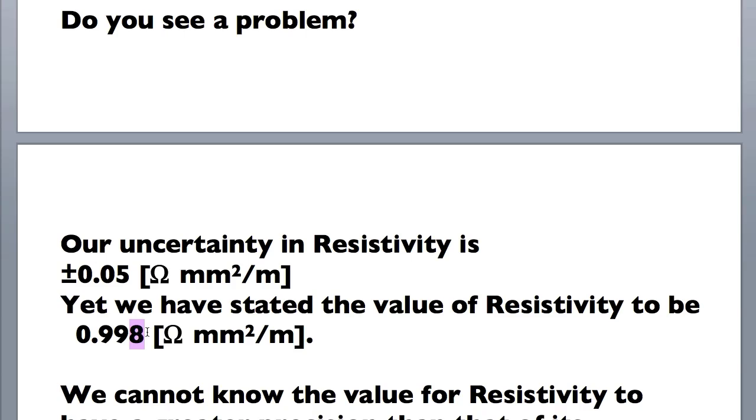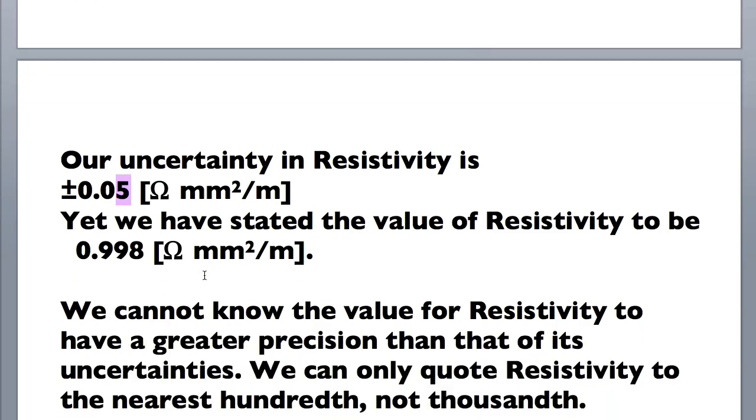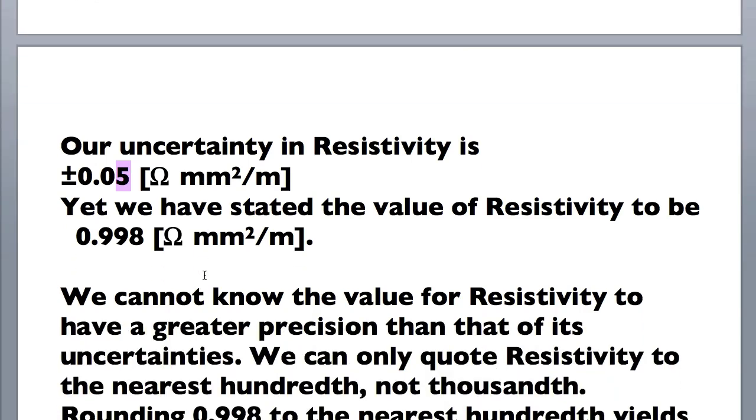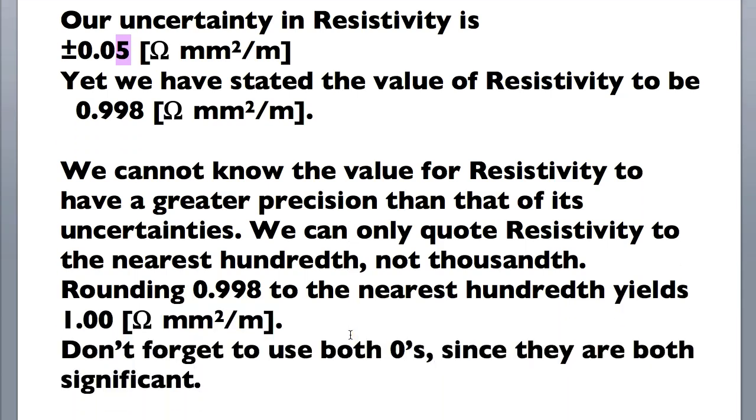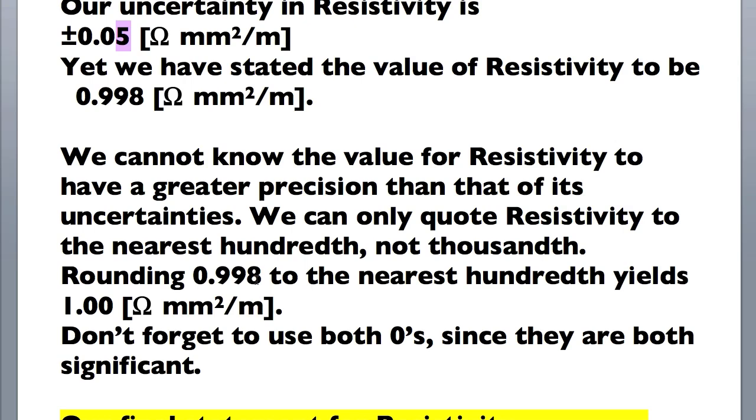Can we really know the 1,000th place if our uncertainty is in the 100th place? I don't think so. We cannot know the value for resistivity to have a greater precision than that of the uncertainties. We can only quote resistivity to the nearest 100th, not 1,000th. Rounding this number, 0.998, to the nearest 100th yields 1.00 ohm millimeter squared per meter.